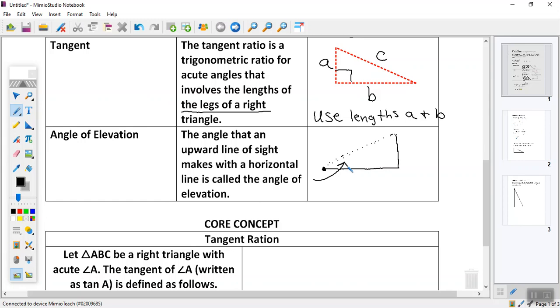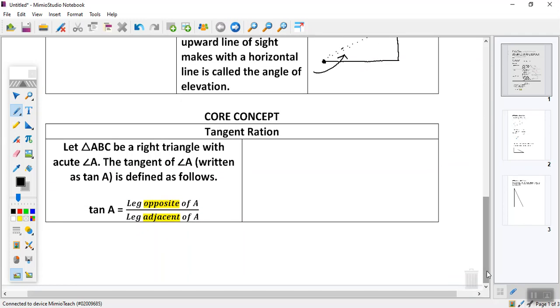All right, let's get into this core concept. Now this should say tangent ratio, not tangent ration. I just made a mistake typing it. This says, in this core concept, let ABC be what kind of triangle?